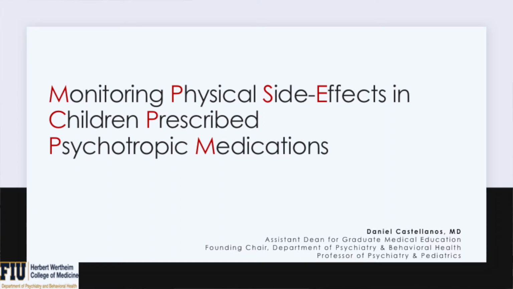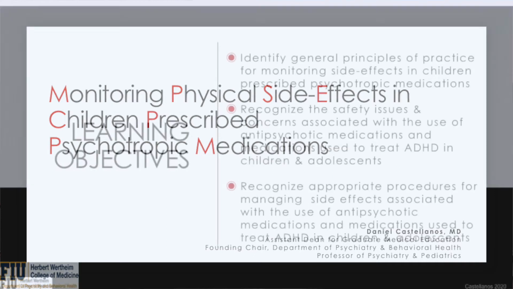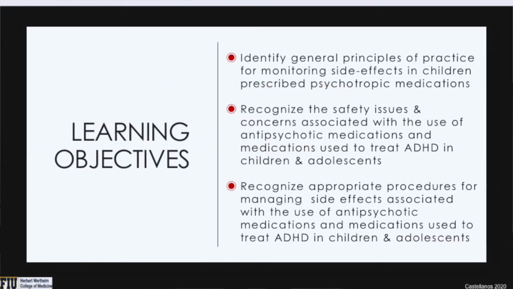What we're going to do today is talk about the monitoring of the side effects, and we're going to start broad and get into specifics, and specifically lead into the two main medication groups, if you will. And the first one being the antipsychotic medication.